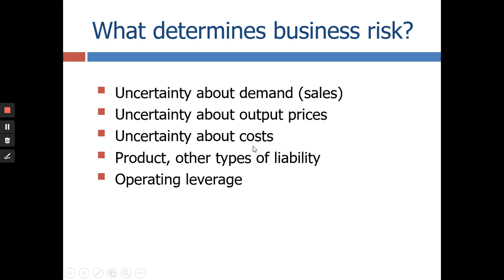Uncertainty about costs. Again, you're not sure what the cost is going to be. Next are product liability and other types of liability, and then operating leverage. Here you might need to take note: operating leverage measures a firm's fixed versus variable costs.